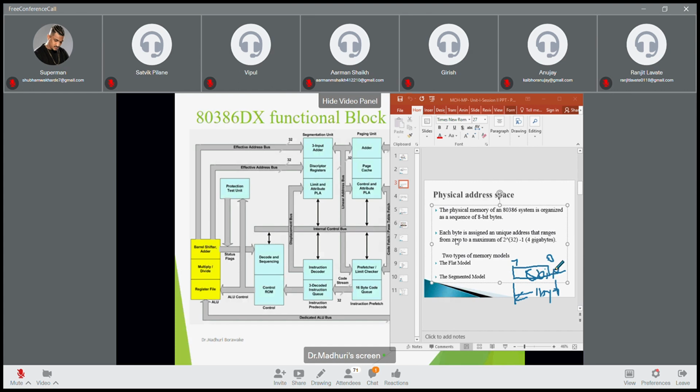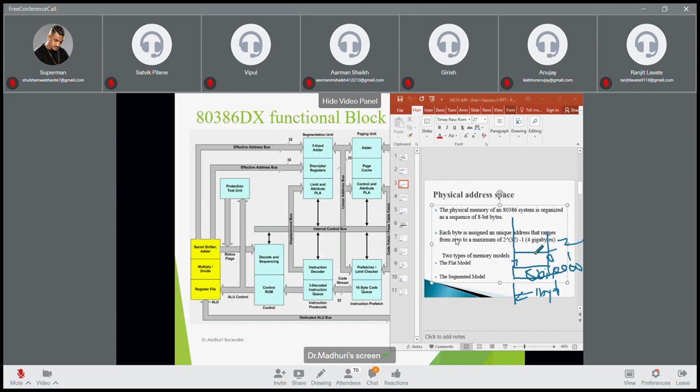Now each byte. Here you have the linear address space, indicated by 000. That means it has an address range starting from 00, so this is the unique address of the memory. Now if you have something like this, then it is 0001, then here you have 2.